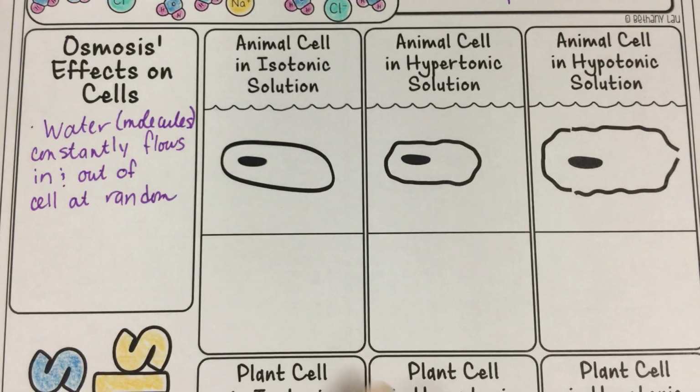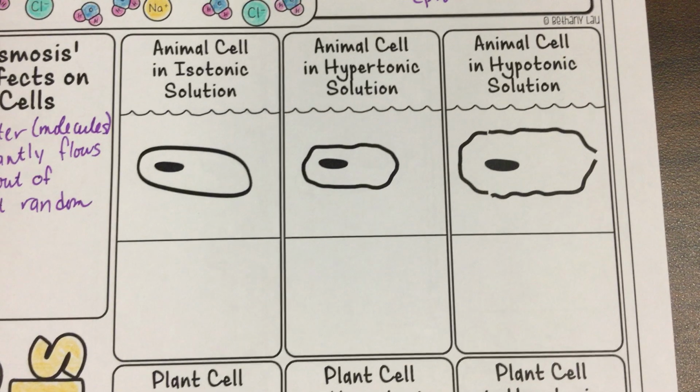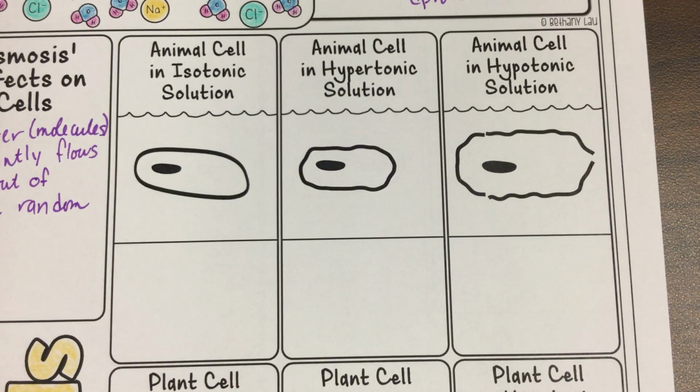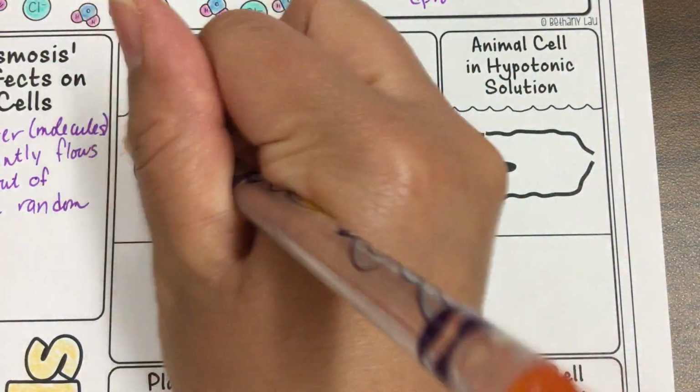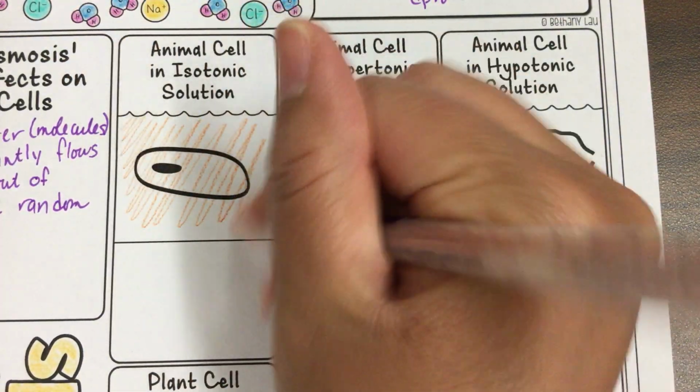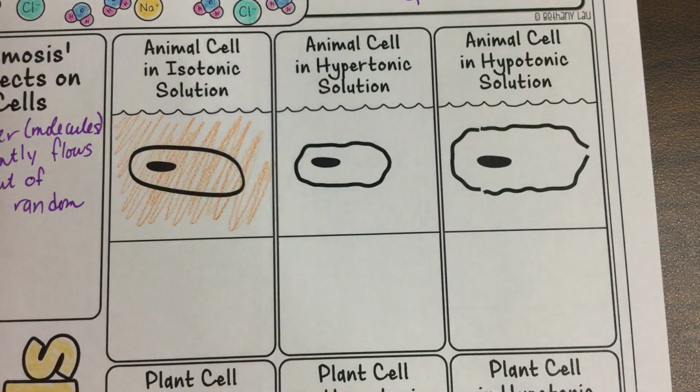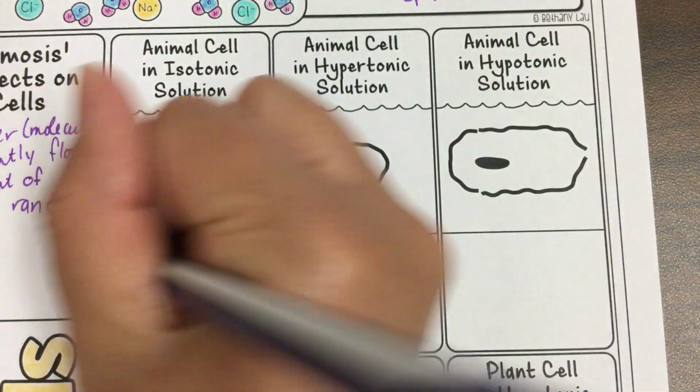And so if I'm looking at these different animal cells, I have 3 different types of solution. When I'm in isotonic solution, everything's in equilibrium. So I have the same amount of water inside and outside.